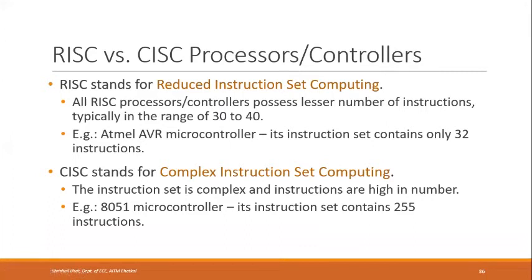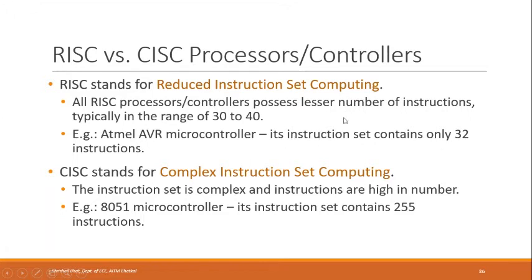Your ARM microcontrollers are an example of RISC processor controllers. Depending on which type of ARM processor you use, there are a reduced number of instructions. Another example is Atmel microcontrollers. Atmel AVR is the name of a microcontroller. Its instruction set has only 32 instructions, very few.